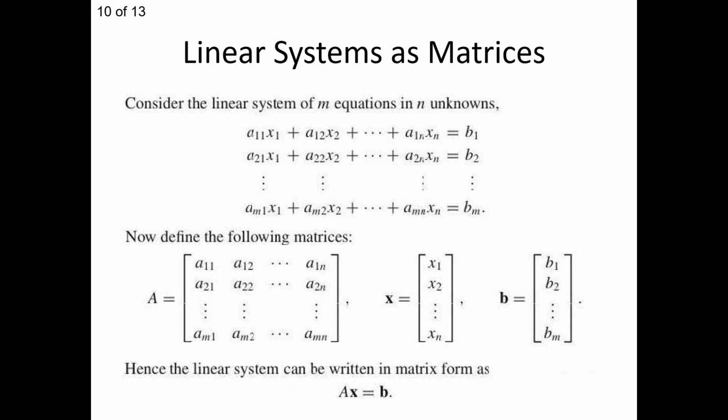So we call this the coefficient matrix. Okay, so this is the coefficient matrix, and you'll read that in the text. Well, what do we do with those unknowns? Well, we form an n vector out of them because there are n unknowns. And we form this n vector of each one of our unknowns, x sub 1, x sub 2, all the way up to our nth unknown, x sub n.